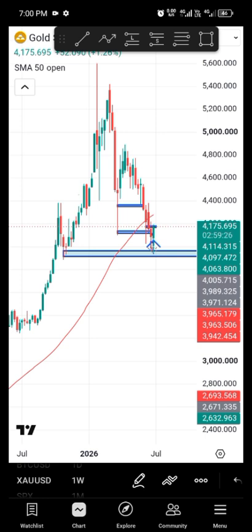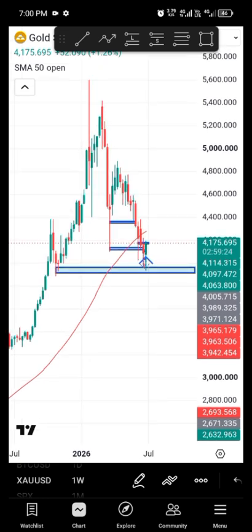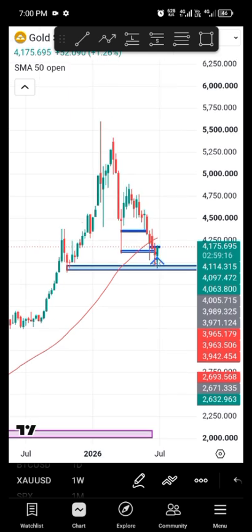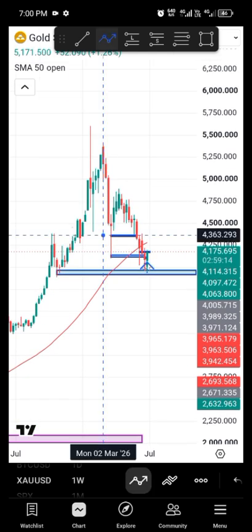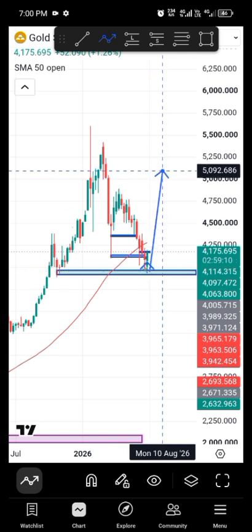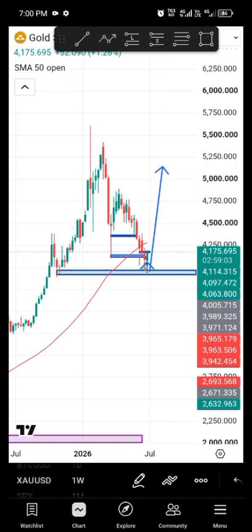Now, why do we have a support? It is because there is a tendency that anytime price reaches that particular zone, there is a possibility that price is going to bounce up strongly. So when we are looking at this weekly time frame, what are we seeing here?